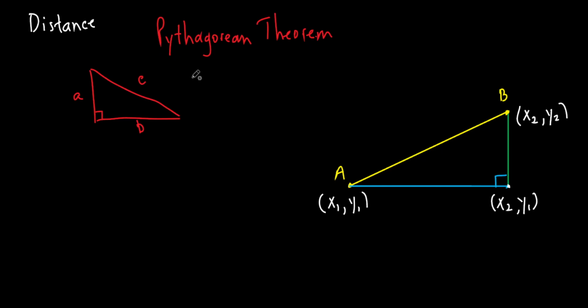Thank you. A squared plus B squared equals C squared. Has anybody seen that before? Yeah, you've seen it before. You just didn't remember. But it should be something that just comes off the tip of your tongue. All right? A squared plus B squared equals C squared.